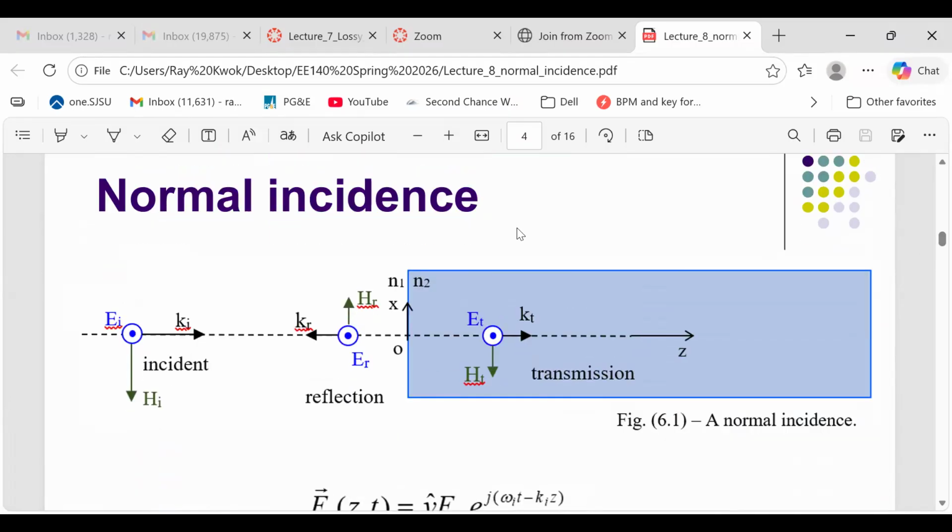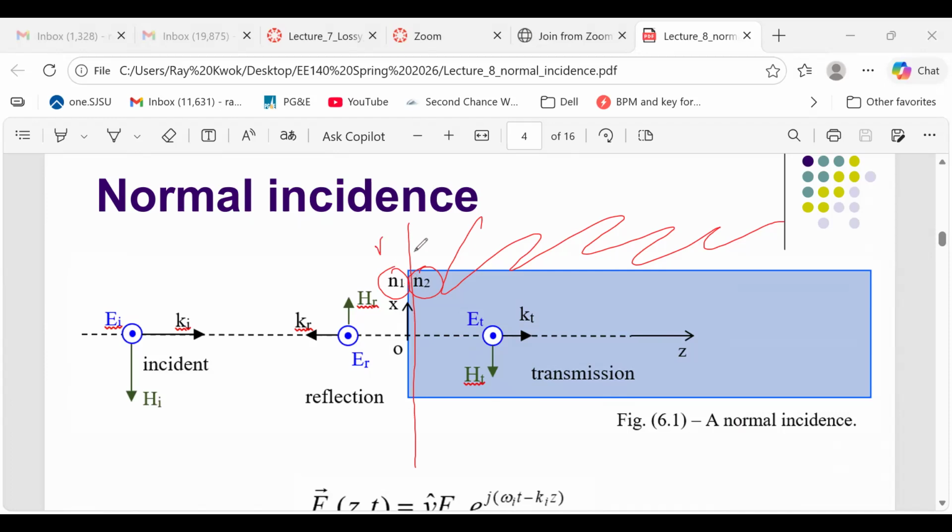Normal incident. Now let me set up the picture correctly. So we're saying on this side is one medium, I call it N2, the index of refraction. This is N1. And the reason a lot of times I use index of refraction instead of eta 1 and eta 2, the wave impedance, is that they're really describing the same thing, except the index of refraction gives me a little bit more physical intuition.